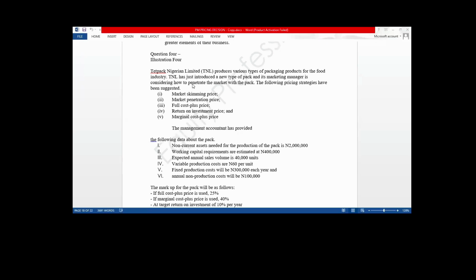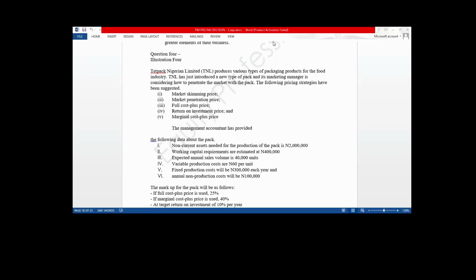The return on investment is mostly used for planning purposes. The objective of the company while using return on investment is to meet shareholder expectation, to maximize shareholders' wealth. But that's not all.